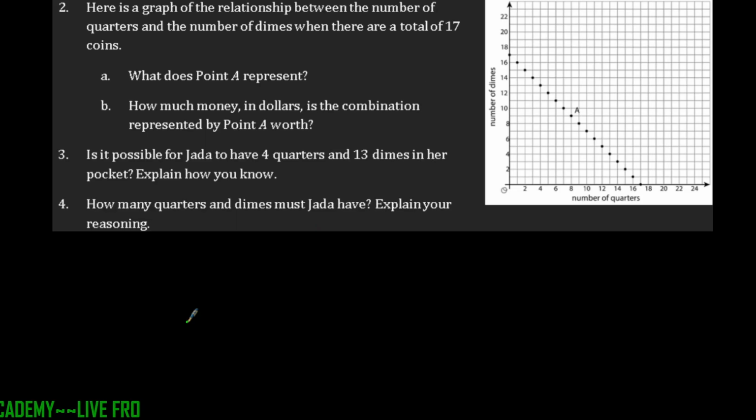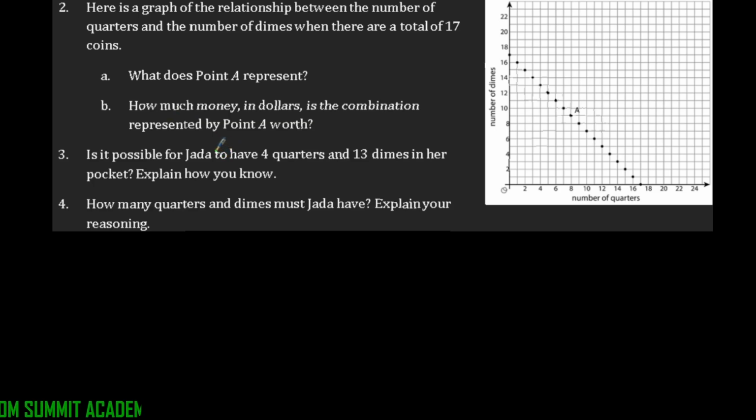All right, underneath of it, it says here is the graph of the relationship between the number of quarters and the number of dimes when there are 17 total coins. And it says, what does that point A represent? So find that point A on this line.